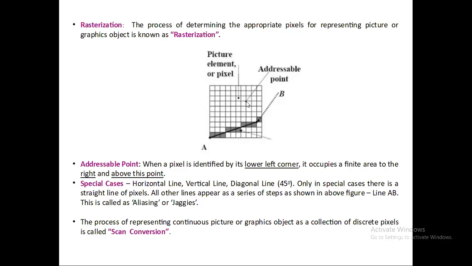Now when the pixel is identified by this lower left corner, it occupies a finite area to the right. So when I identify this corner, I will go to the right of this pixel. So this much part I will cover, and then I will go above this point. That's why this pixel will be highlighted.